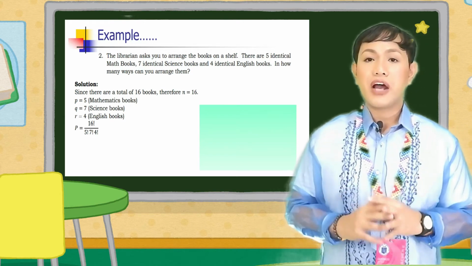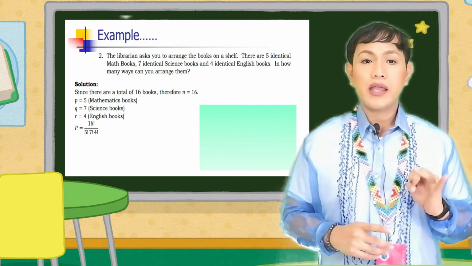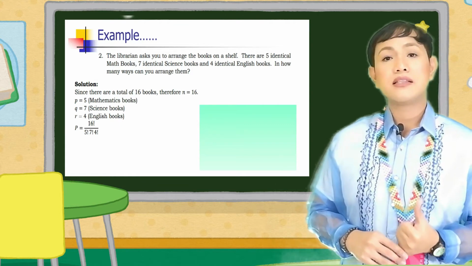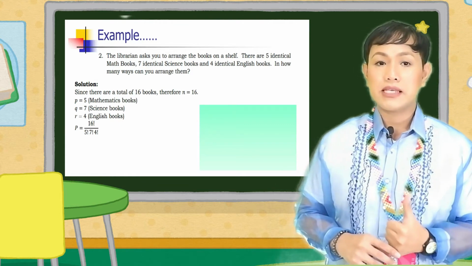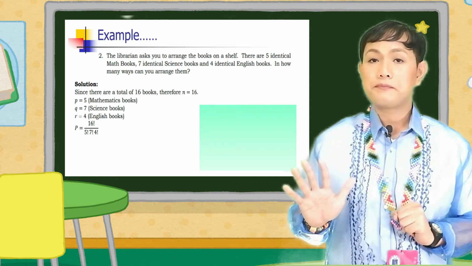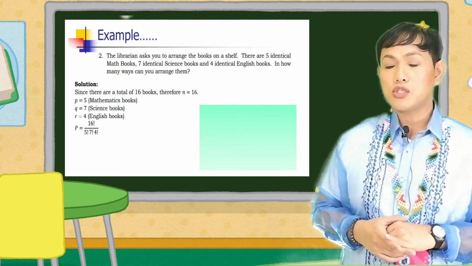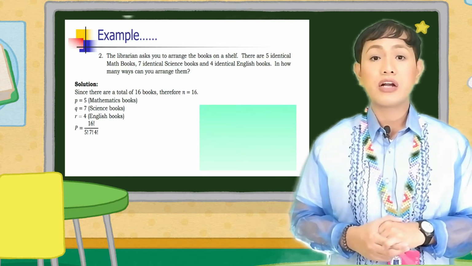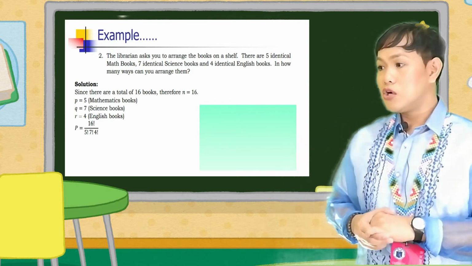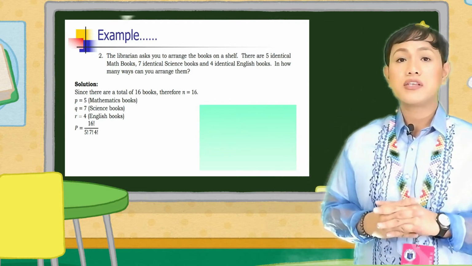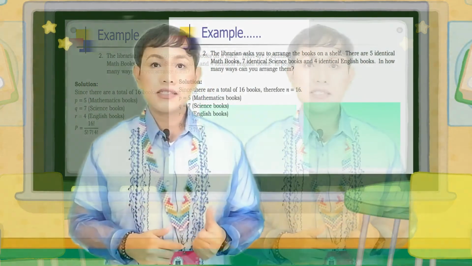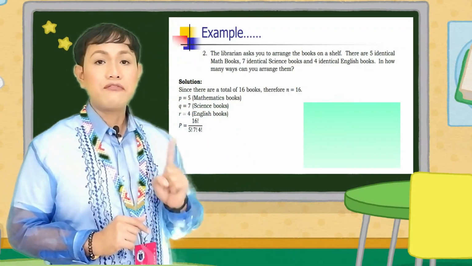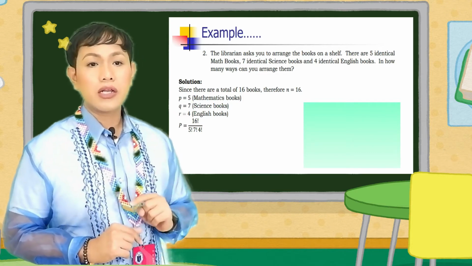So, what will be the values of our P, Q, and R this time? P, we can denote as the number of mathematics books, so that gives us 5. Q is for science books, so we have 7. And consequently, we have R equals 4 for English books. So, the solution would now be 16 factorial all over 5 factorial times 7 factorial times 4 factorial.